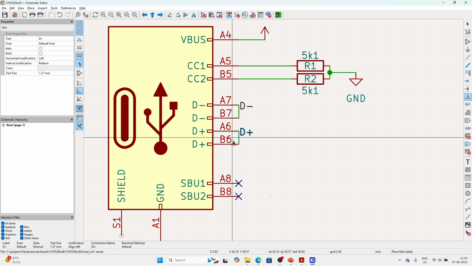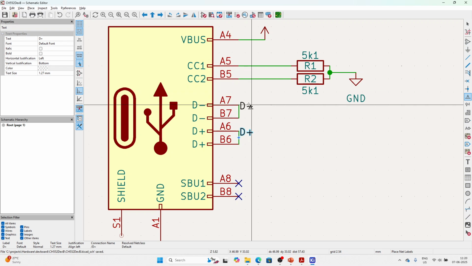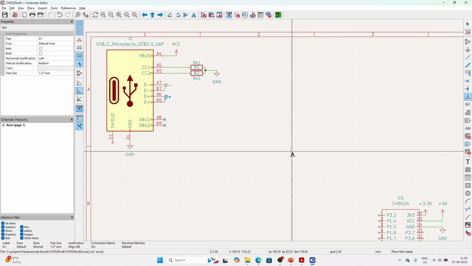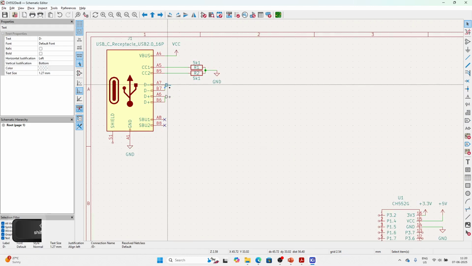So D minus and D plus are already put on the USB. Now we need to connect those D minus and D plus here.